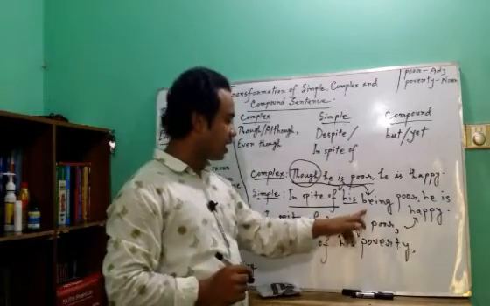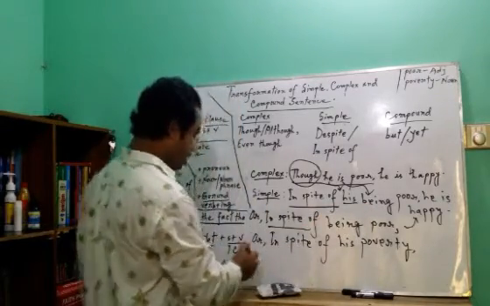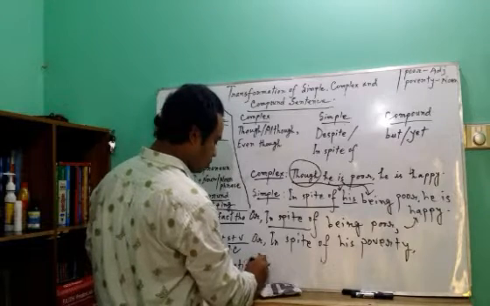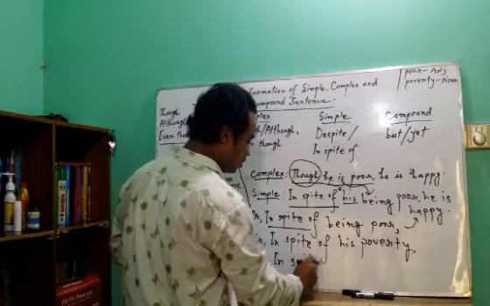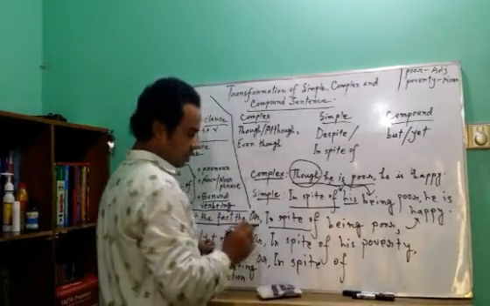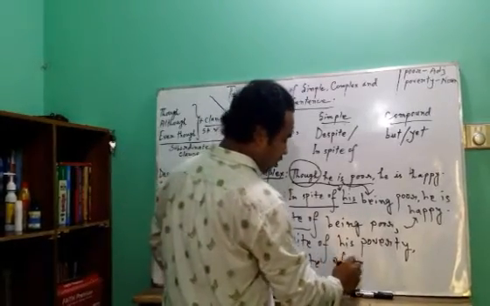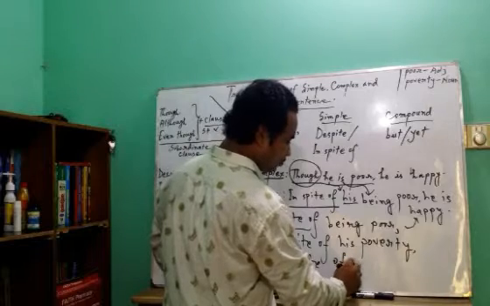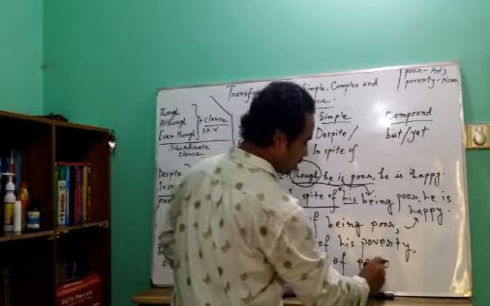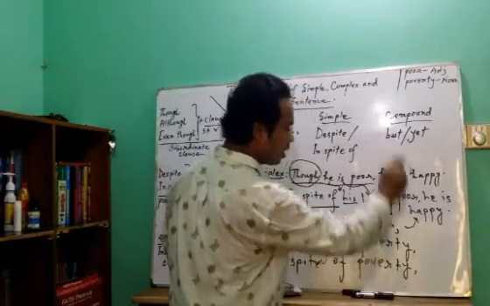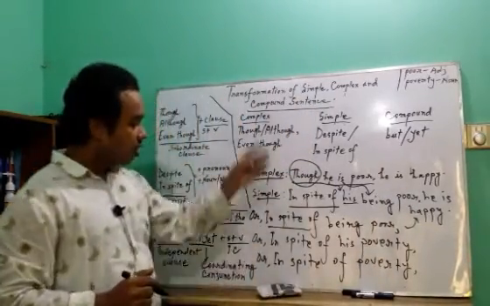We have omitted being here, be verb, where you can write in spite of poverty. In spite of poverty, he is happy.